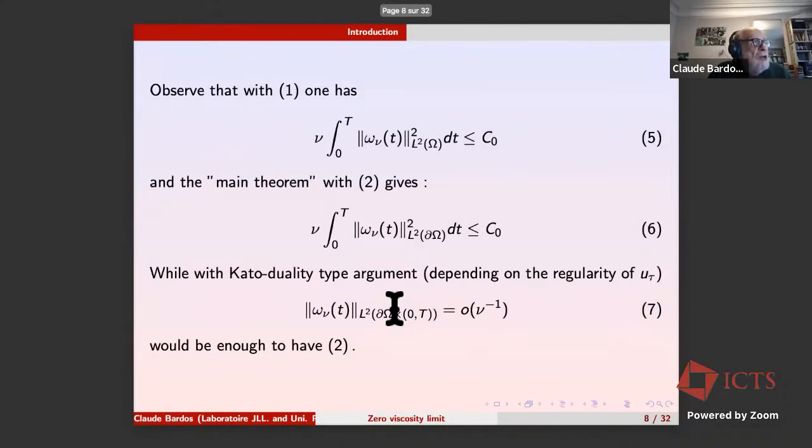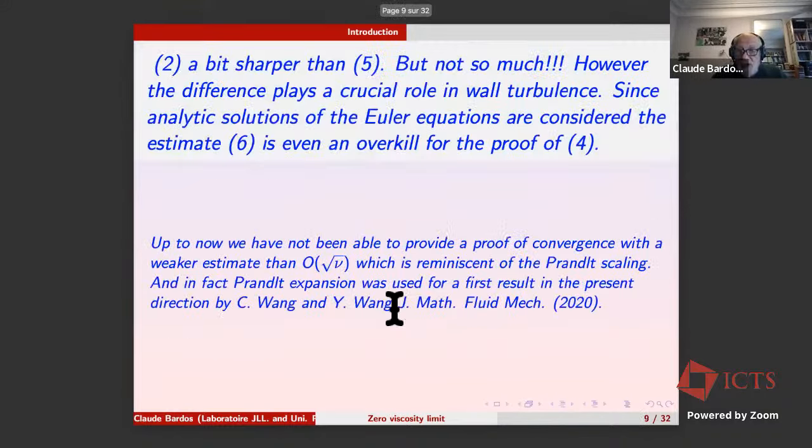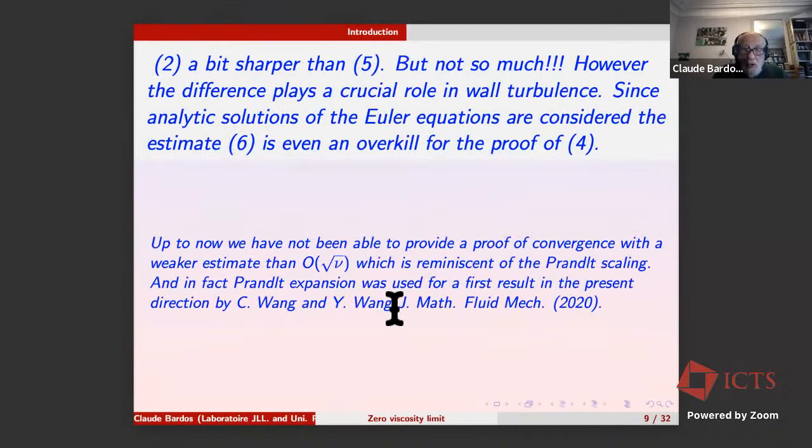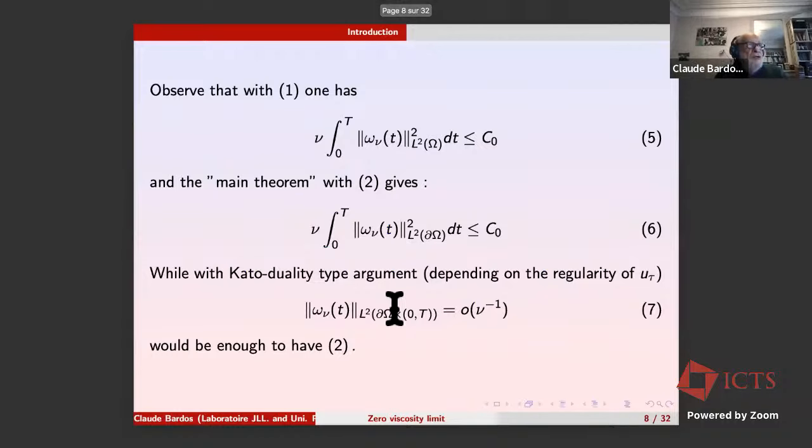Okay, so there you make a simple observation about what Leray's weak solution tells you: you integrate from 0 to t, omega nu in L2 of omega, this in the interior, it's 5. This is less than a constant.